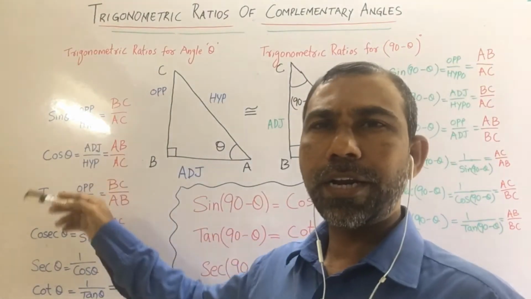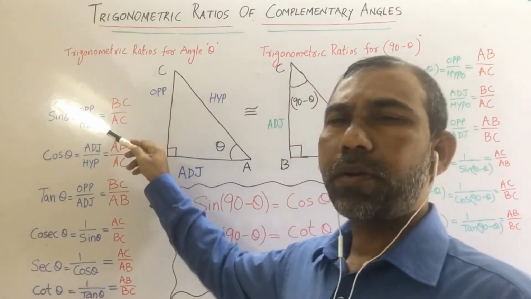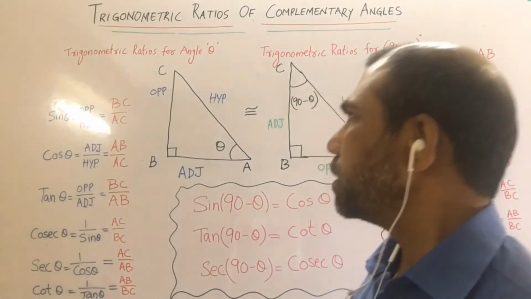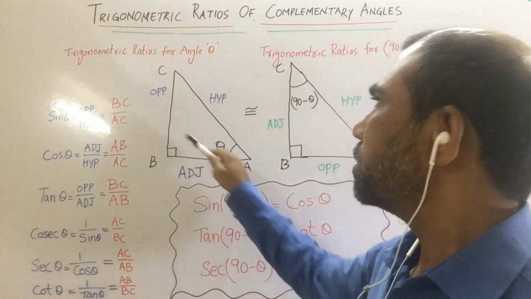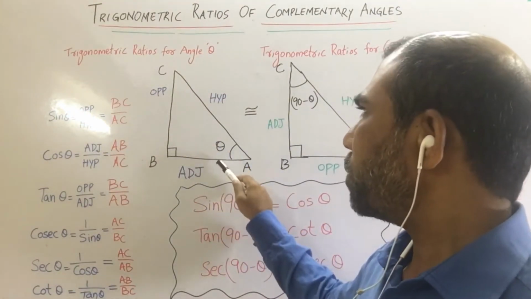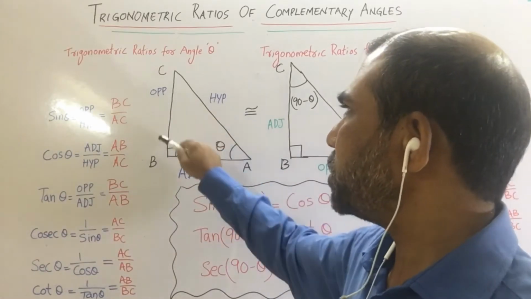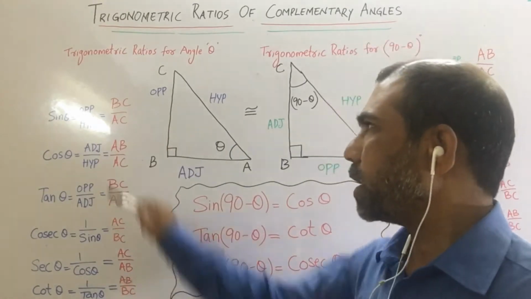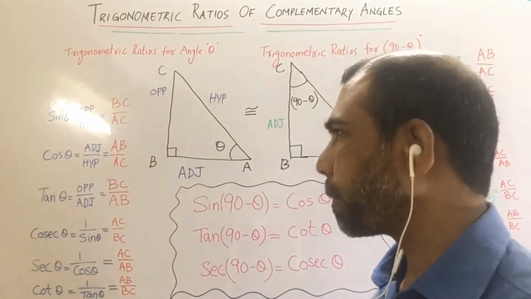As we have already learnt in the previous lesson, we have defined the different trigonometric functions. Sin theta is equal to opposite over hypotenuse, that is, opposite to theta over hypotenuse. Hypotenuse is here AC and opposite is BC, so BC over AC. Similarly, you can see all the functions are defined.